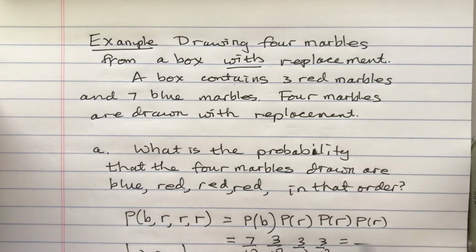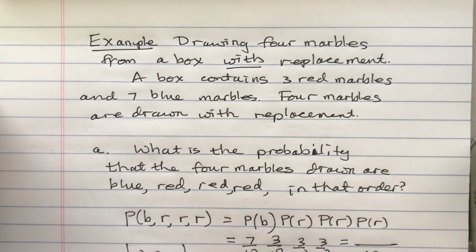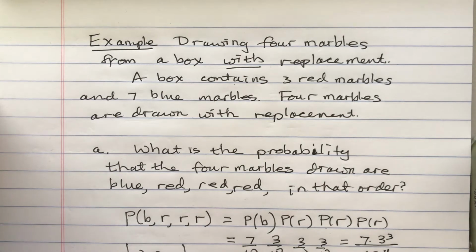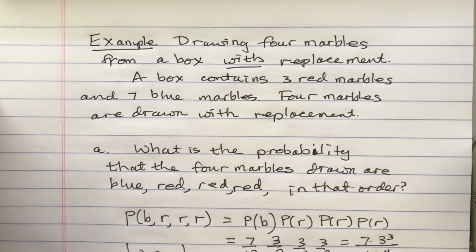So this starts getting to be a large number. 10 times 10 times 10 times 10 is 10 to the 4th, and then 7 times 3 cubed. I'm going to leave it like that. Well, I don't have to, but it's not that big of a deal. 7 times 27 over... of course, I don't have a calculator over here, but maybe since I already started doing this.